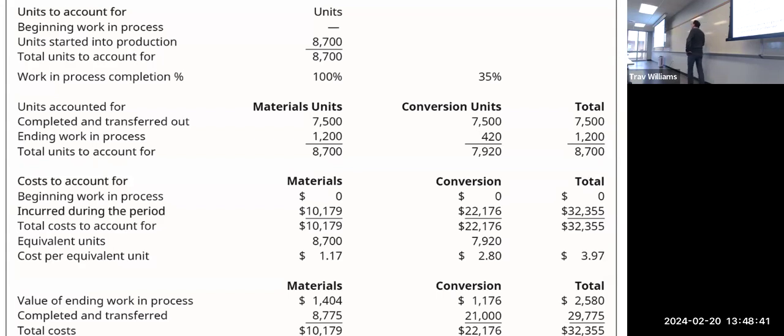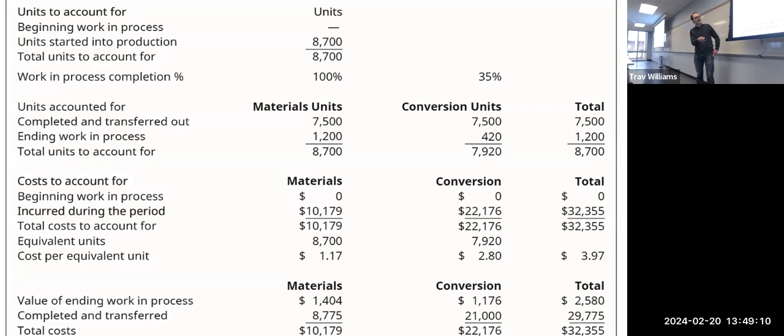Now remember, the cost of what got transferred out, well, let's just think about that. Let me ask you, how would we calculate the cost of materials for what got transferred out? Okay, exactly. So we would look at 7,500 units of materials times the material cost per unit.